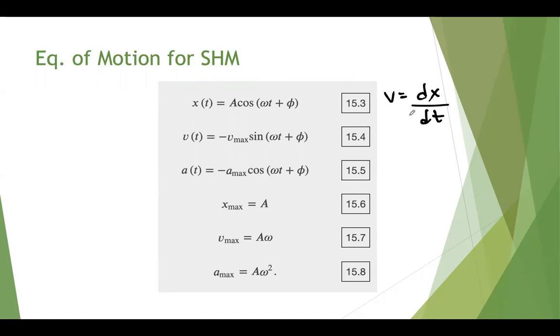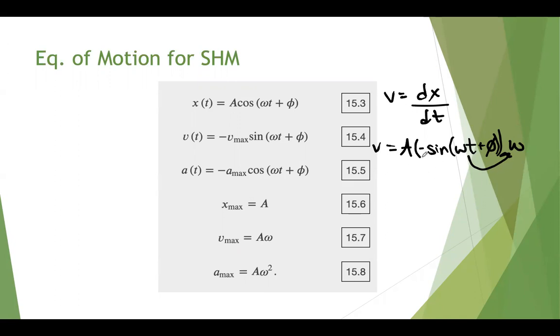Okay, so then we'll take that and we get, let's see, so we'll have A, the derivative of cosine is negative sine of omega t plus phase shift, and then take the derivative of the inside here, which is going to be omega. Okay, so now we have our v of t.